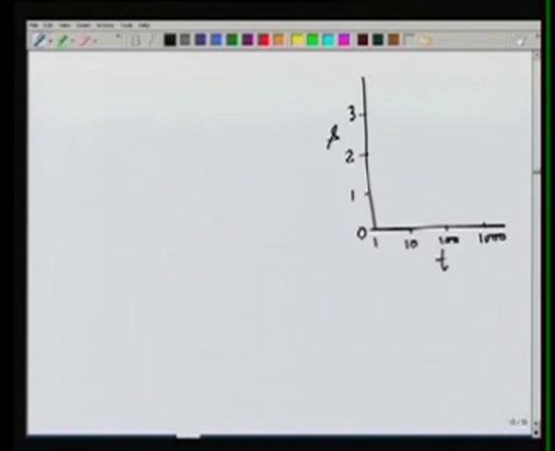Once the data is plotted on this, let's say the data points lie like this, in which, as you can see, there is a straight line which fits the data, but some of the data which are circled here will not fall on the straight line.